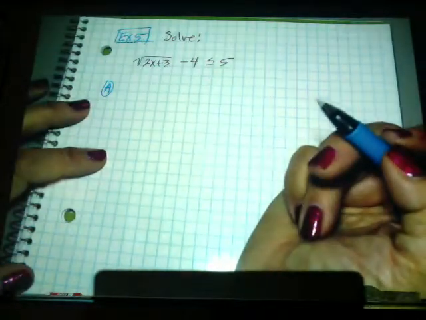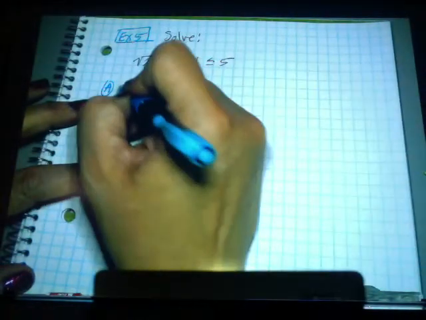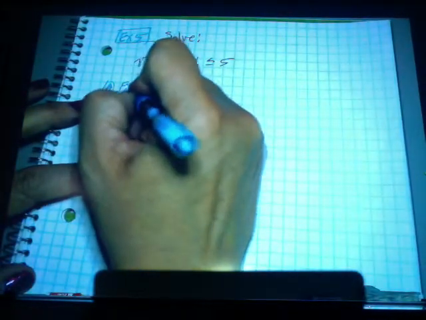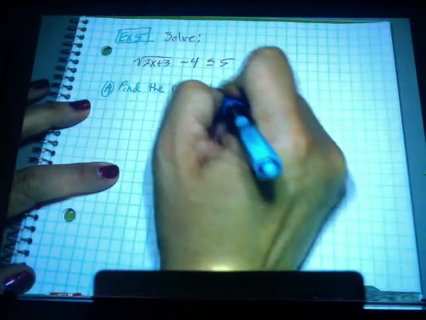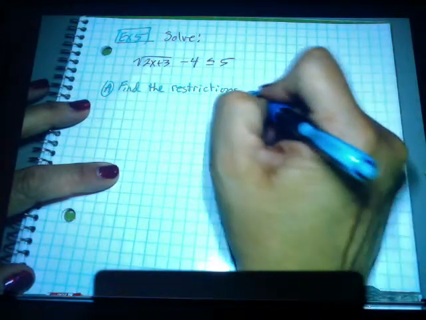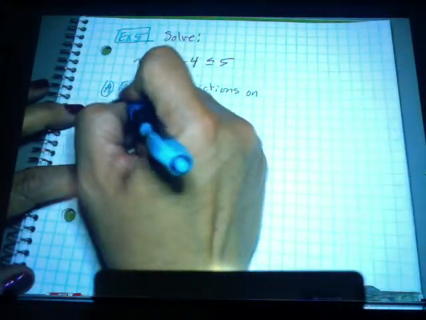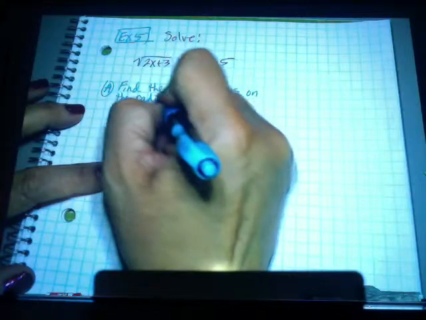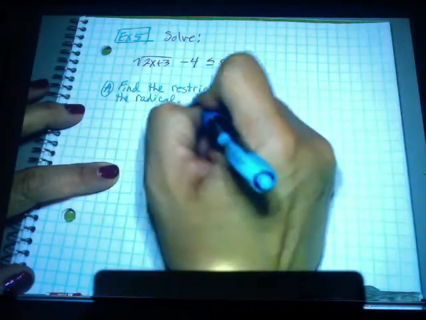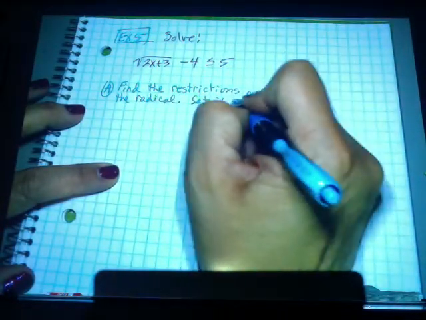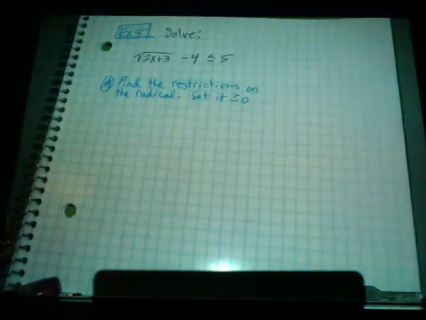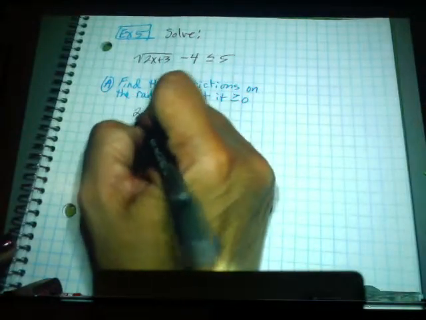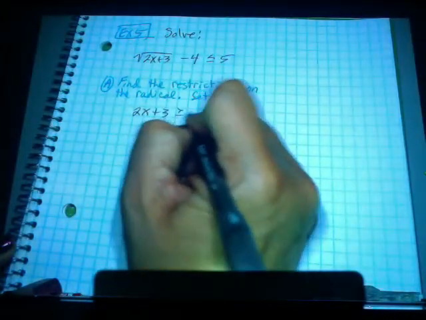So first, we want to find what? Yeah, so find the restrictions on the radical. Set it greater than or equal to 0. So just what's under the radical, so that 2x plus 3 is greater than or equal to 0, so solve.